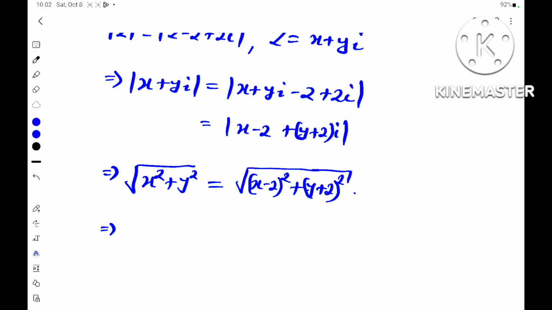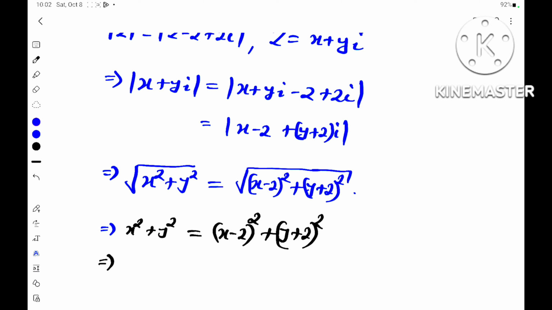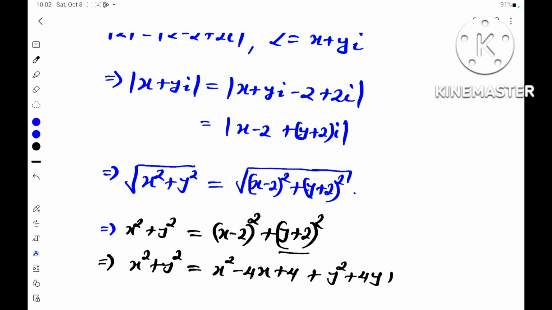And if we square both sides, we are going to obtain x squared plus y squared equal to x minus 2 all squared plus y plus 2 all squared. If you open the brackets here, we're going to have x squared minus 4x plus 4, and if you open the second bracket, we are going to have y squared plus 4y plus 4.